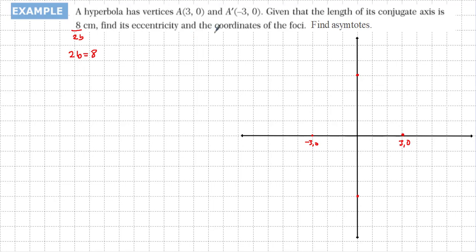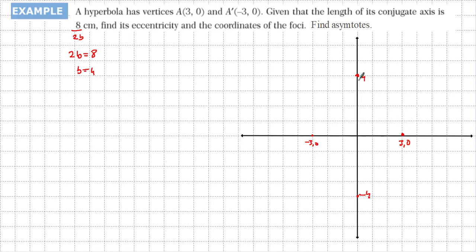Find the eccentricity and the coordinates of the foci. Find the asymptotes. Firstly, let me find the b value. b is equal to 4, which means the coordinates on the conjugate axis are 4 and minus 4, the total distance being 8, also given here.